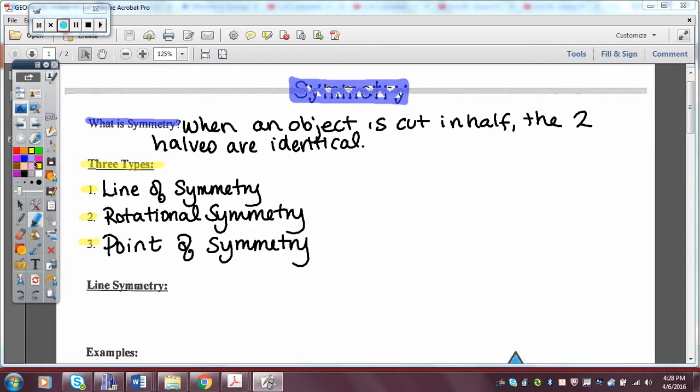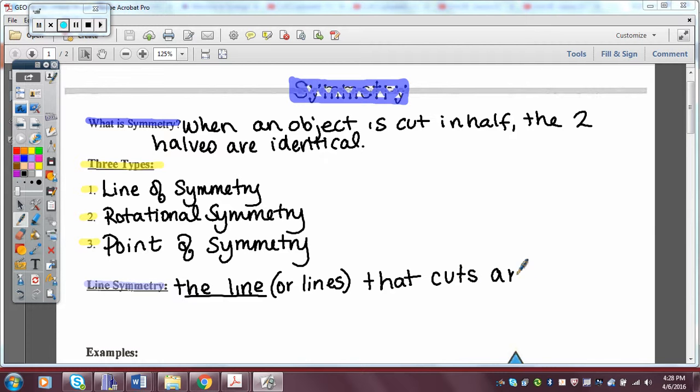So let's first talk about line of symmetry. Okay? Line of symmetry is the line or lines that cuts an image to make symmetrical pieces.